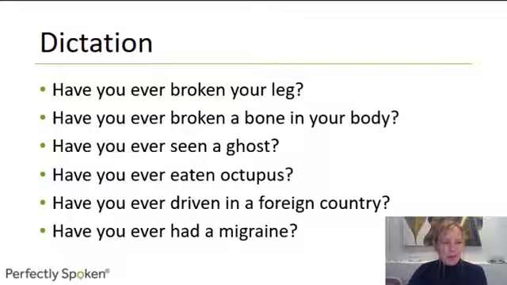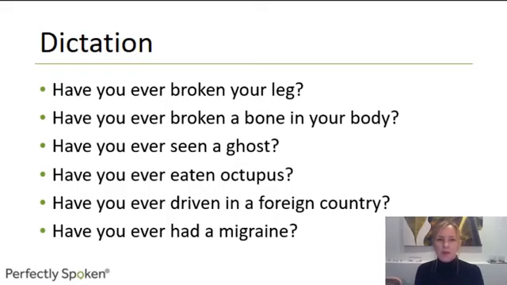Okay, very good. Now, do you identify the tense in these sentences? Of course you do. It's present perfect for experience. And we had here 1, 2, 3, 4, 5 different past participles.